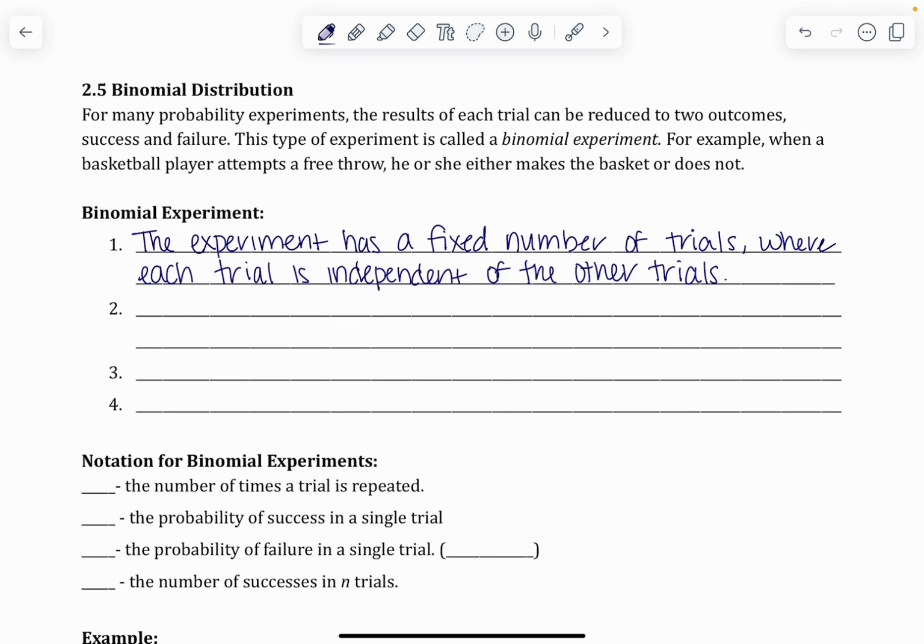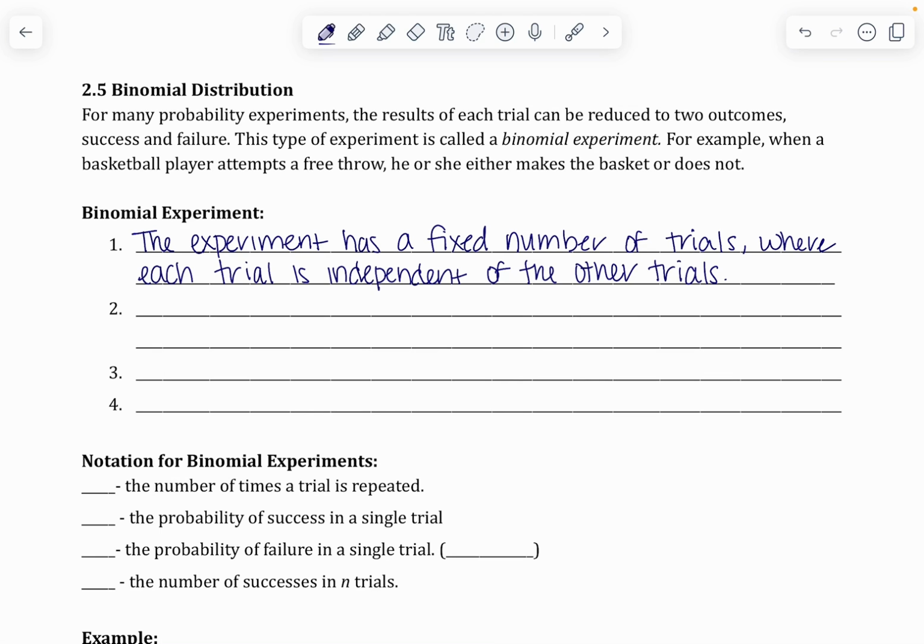So remember, our most common time that we see something being dependent is when we are drawing a card and not replacing it, or picking something out of a drawer but not replacing it. Okay, that key thing, not replacing.